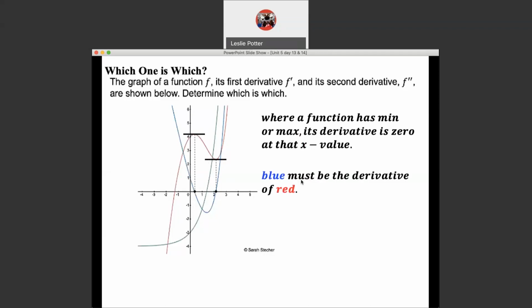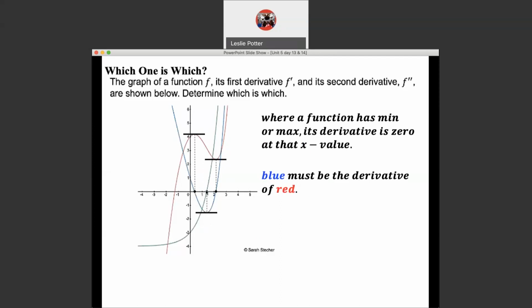And so that's our first step. We know that blue is the derivative of red. Now let's take a look at the blue function, which has an extreme down here. I'm going to mark that and bring that up to the axis. We notice that the function that has a 0 value at this location, between 1 and 2 here, is the green function.